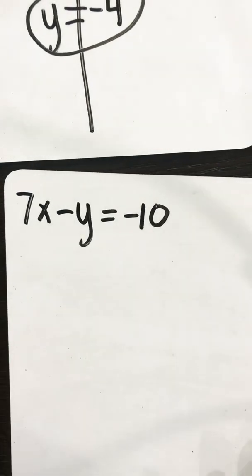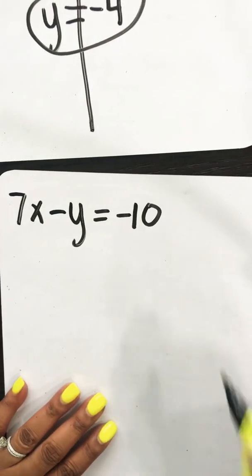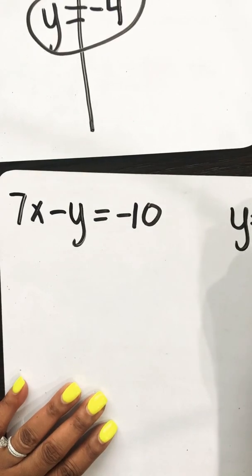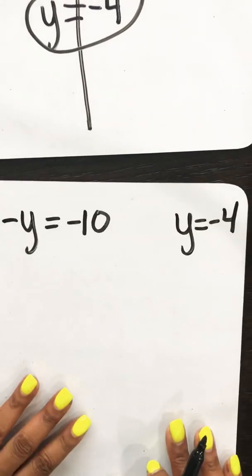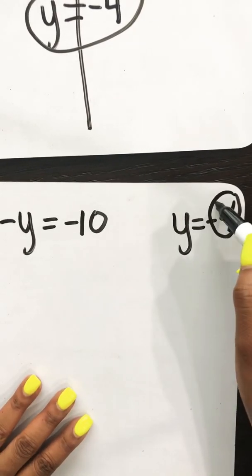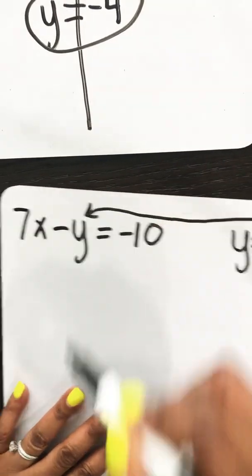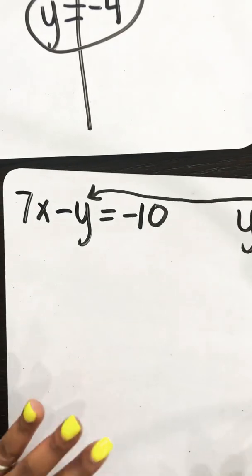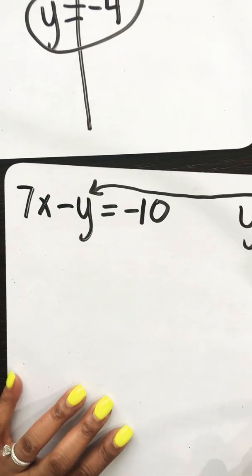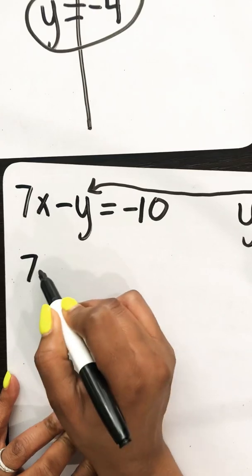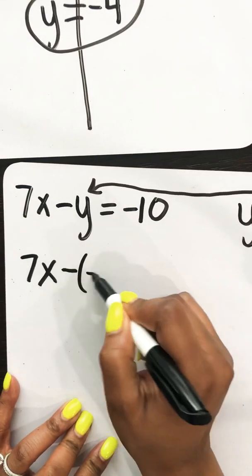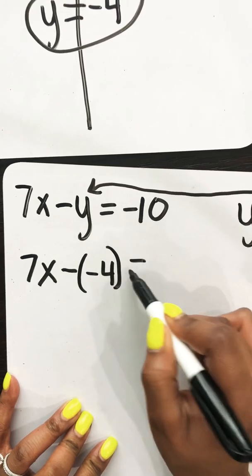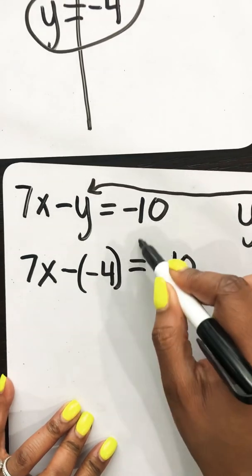So I just chose the first equation, and we said that y equals negative 4, right? So I'm going to take negative 4 and put it over here. Sorry, it's not coming up entirely on my screen, but it would look like this: 7x minus negative 4 equals negative 10.